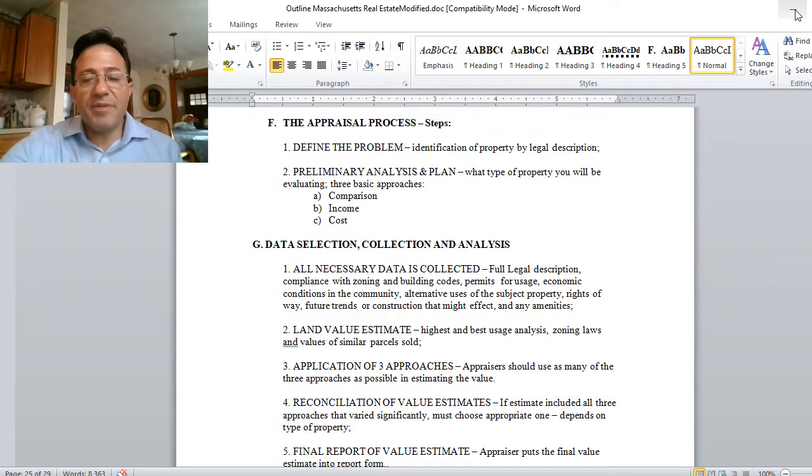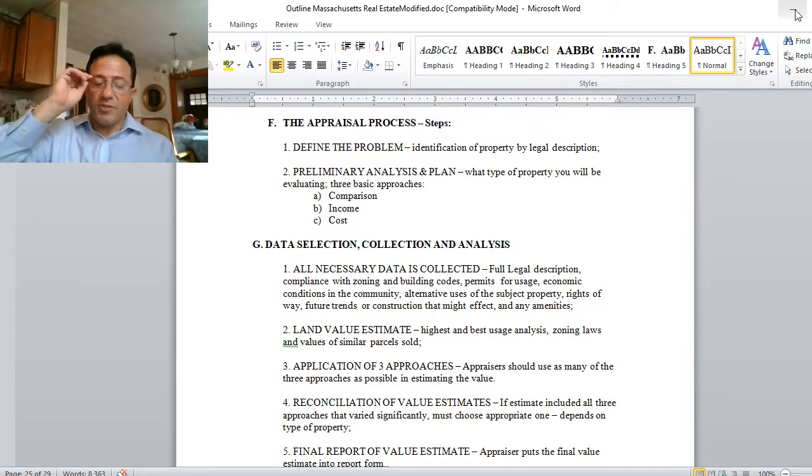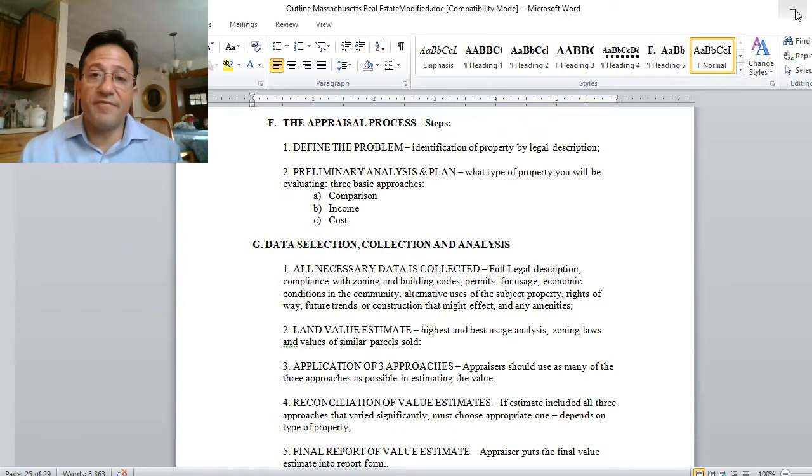So what happens with the appraisal process? When the appraiser is engaged by, let's say, the loan officer at the bank, because the bank is the entity that's going to be hiring the appraiser. Nobody else really does. There's other reasons that we'll talk about in class why someone would want an appraisal for a piece of property, but in this particular section, we're going to talk about real estate because that's what we're learning, right?